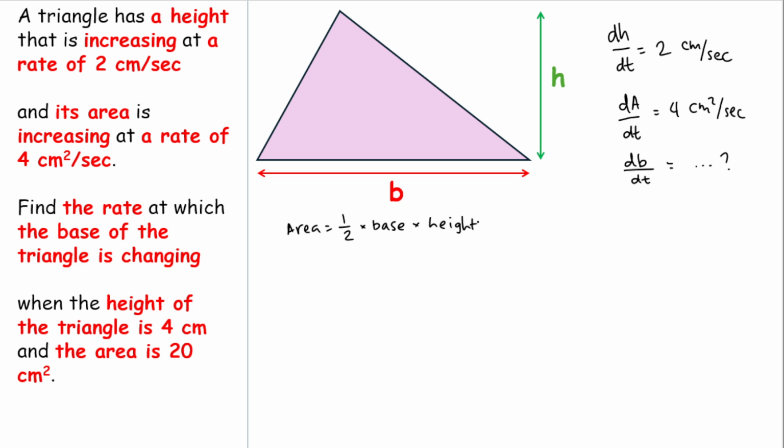Or in this case here, in this drawing, we will have A is equal to 1/2 BH. And remember here, A is changing over time, B is changing over time, and H is also changing over time. So we need to find out the dA/dt here, right? And 1/2 is a constant, that is not a problem.